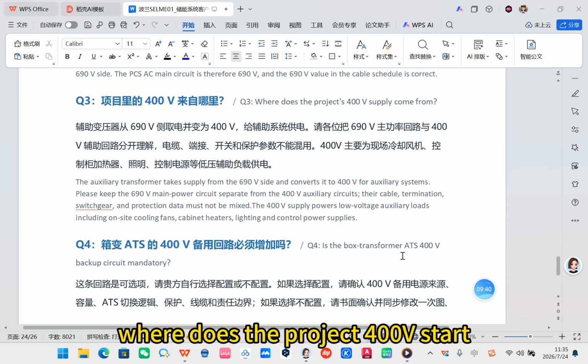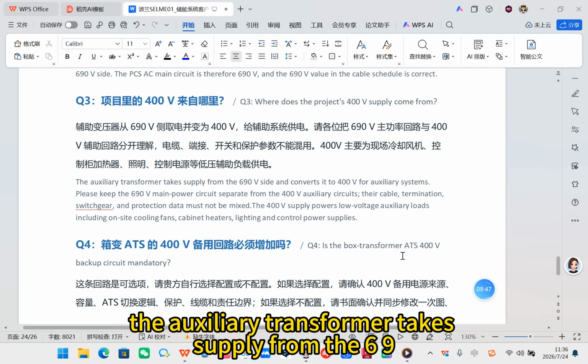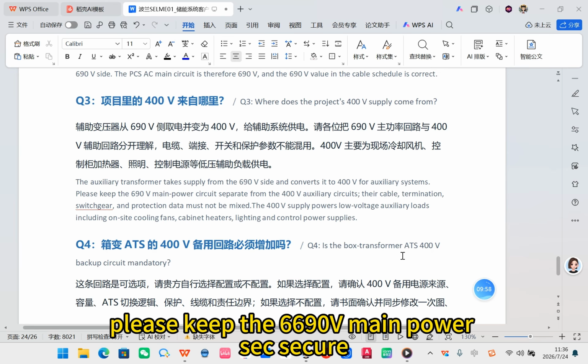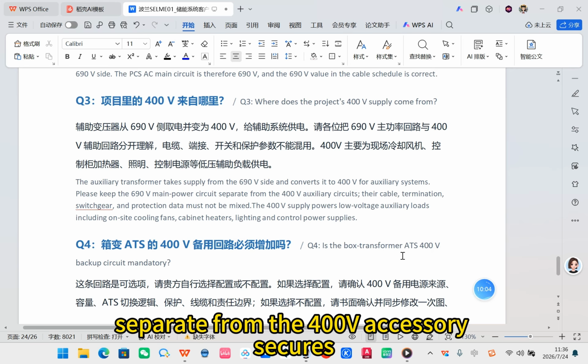Question 3. Where does the project 400V start? The auxiliary transformer takes supply from the 690V side and converts it to 400V for auxiliary systems. Please keep the 690V main power circuit separate from the 400V auxiliary circuits.